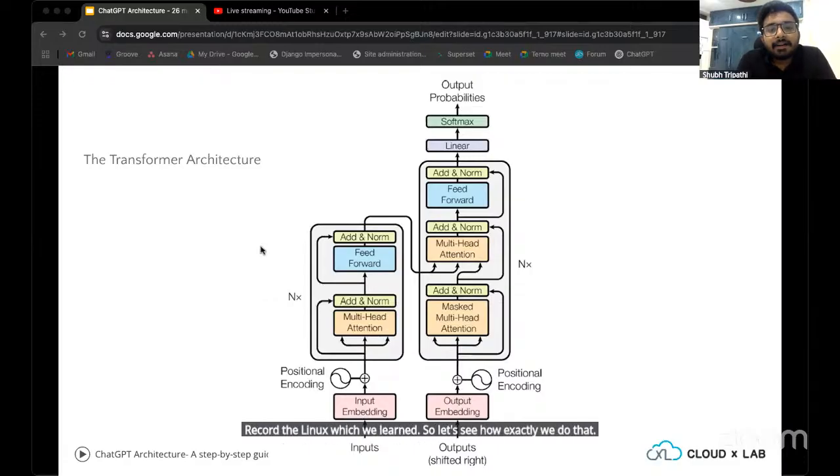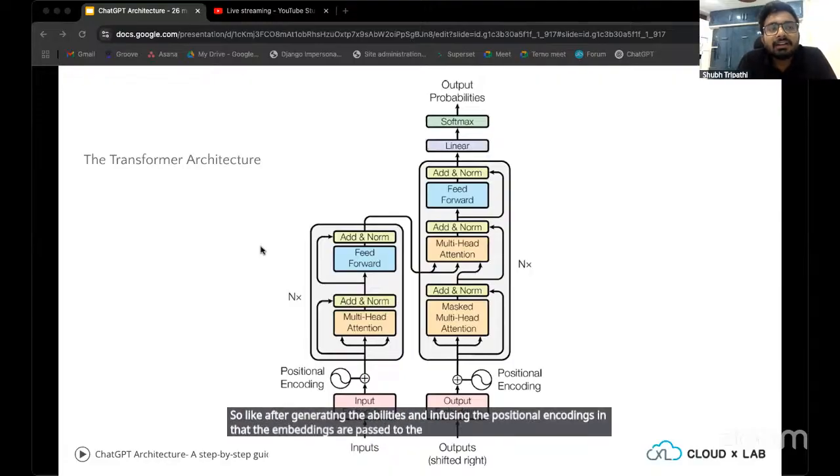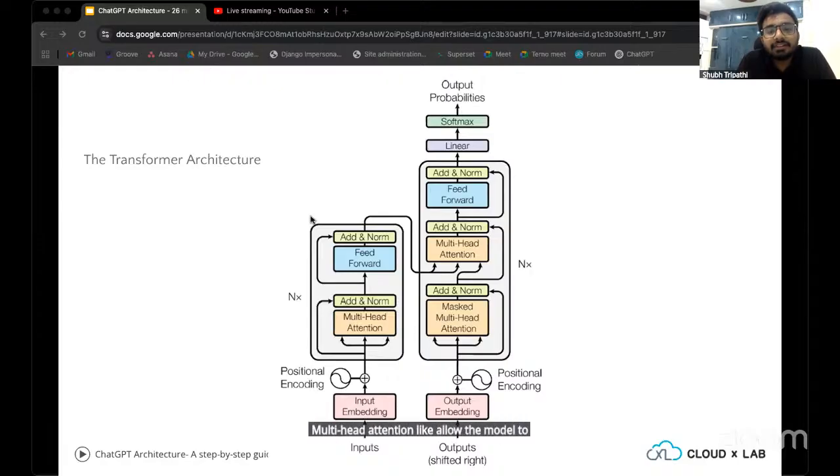After generating the embeddings and infusing the positional encodings in them, the embeddings are passed to the encoder block. The encoder consists of multiple identical layers, each letting every word attend to every other word in the sequence using self-attention. Multi-head attention allows the model to learn different types of relationships in parallel.